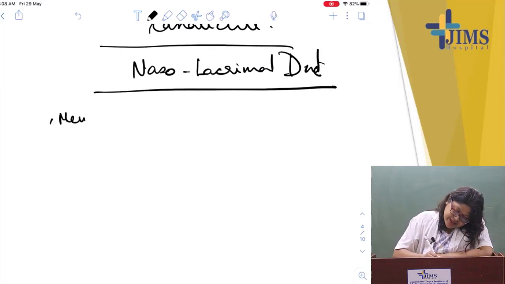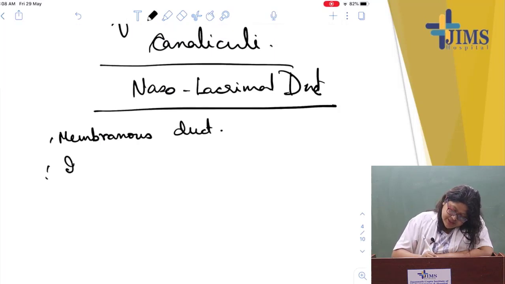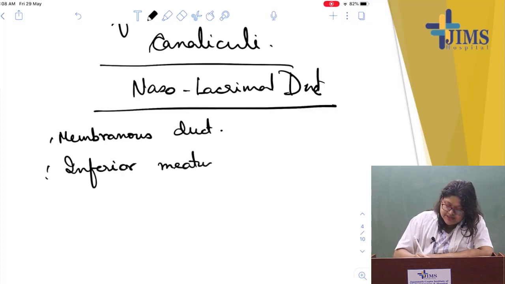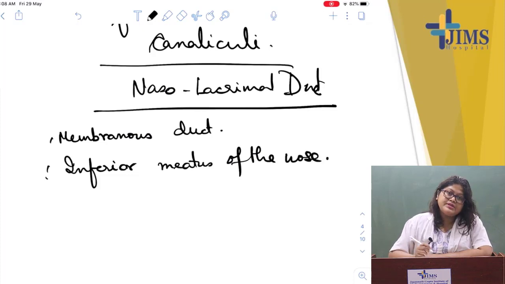It is a membranous duct that opens into the inferior meatus of the nose. It opens into the inferior meatus of the nose.